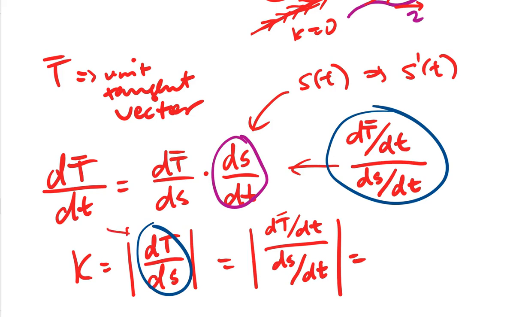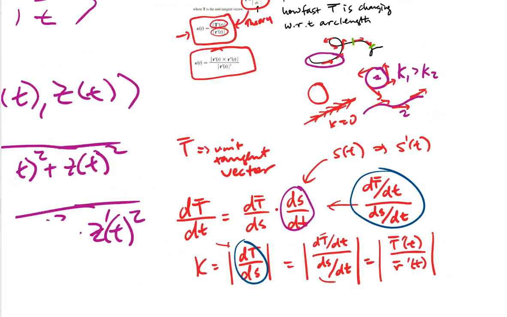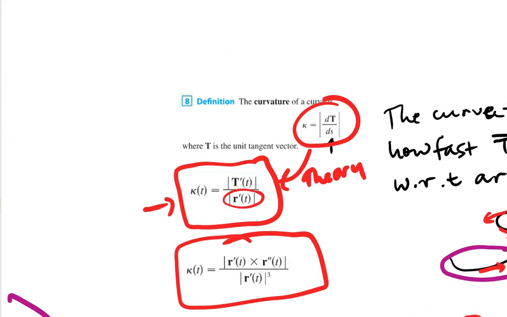If you look, ds/dt is just the magnitude of r prime of t. So the top is just T prime of t, and the bottom is just r prime of t. Look back in the video and you'll see that. So that's how we get this formula here.